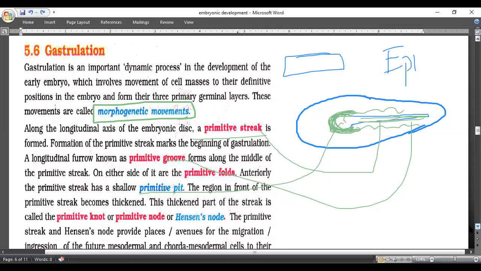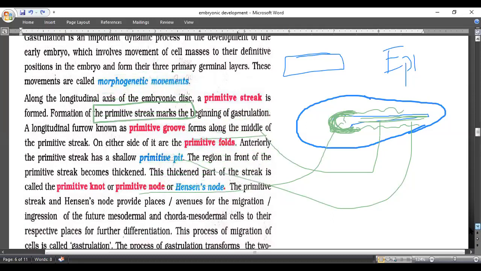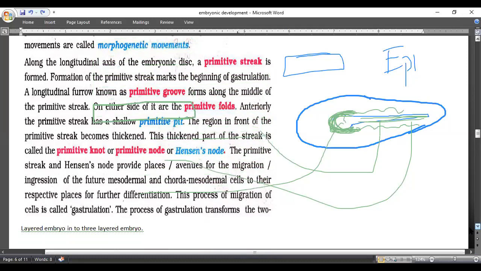The primitive streak and Hensen's node provide the place and avenues for the migration and ingression of the future mesodermal and chordamesodermal cells to their respective places for further differentiation. The bigger line needs to go for that: the ingression of the future mesodermal and chordamesodermal cells to respective places for further differentiation.